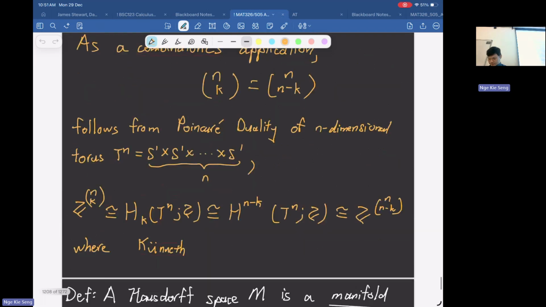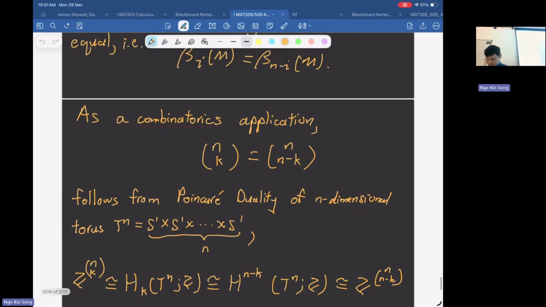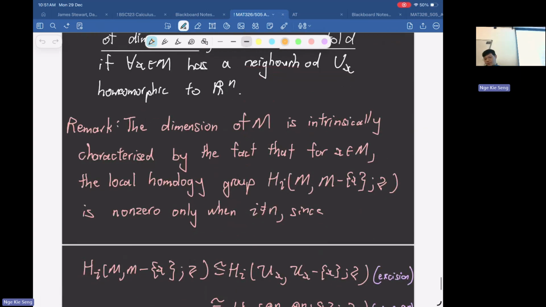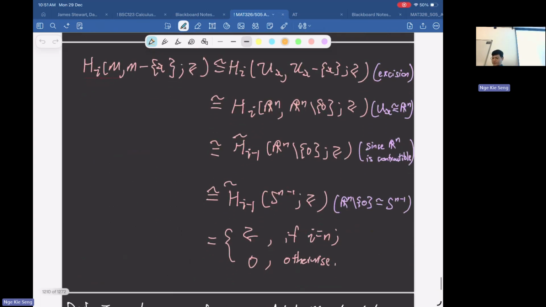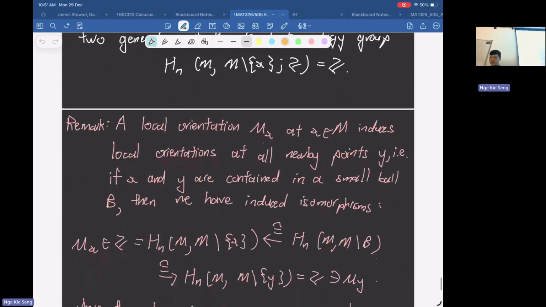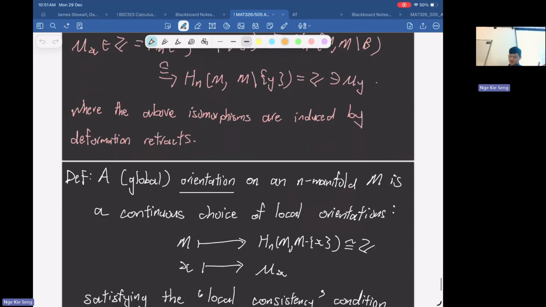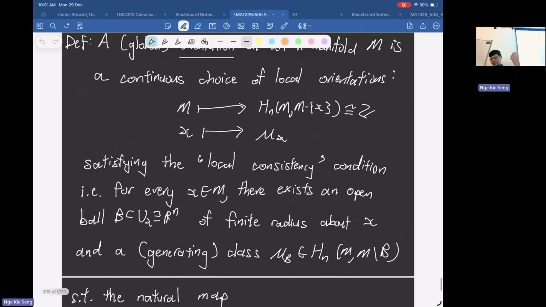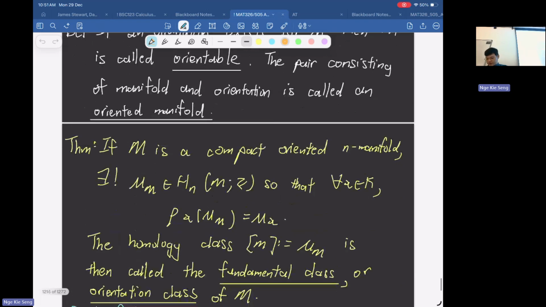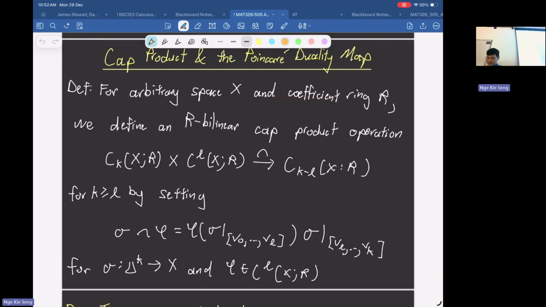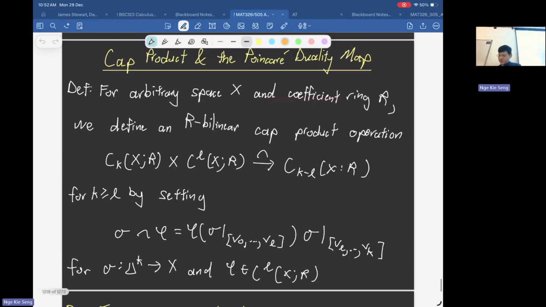This is very important. Hey, it seems like I haven't finished writing this part. Let me go back and check. And then for Poincaré duality, something that I want to tell you is orientation stuff. Maybe you want to make precise what orientation means, because I think you have heard orientation in various classes. So we want to try and use homology to tell you what orientation is. After that, we don't really go into very technical stuff, but I will show you some very interesting constructions, for example, the cap product.